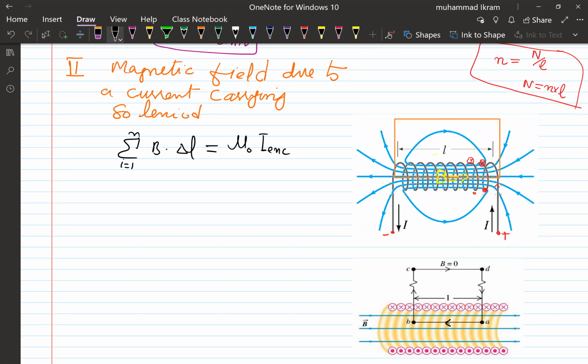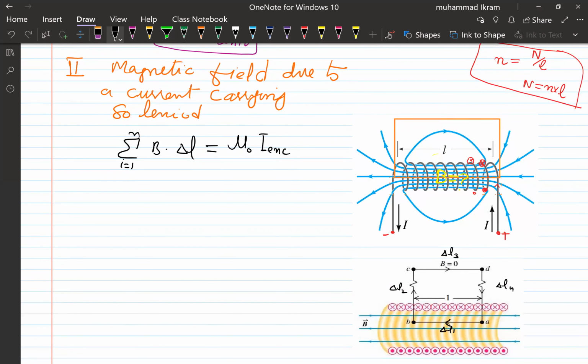This portion could be extended to the length of the solenoid, as you have seen here. Now, how many length elements do I have? Here I have the length element delta L1, this delta L2, this delta L3, and this delta L4.